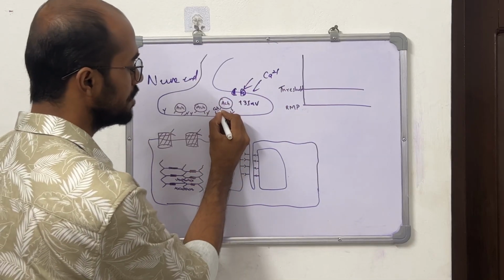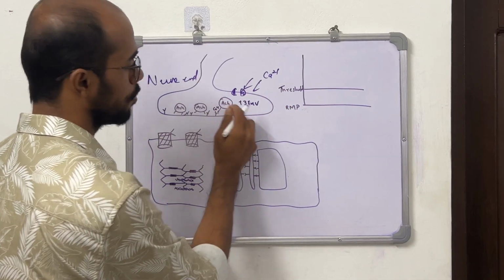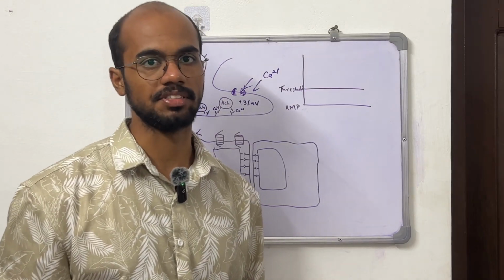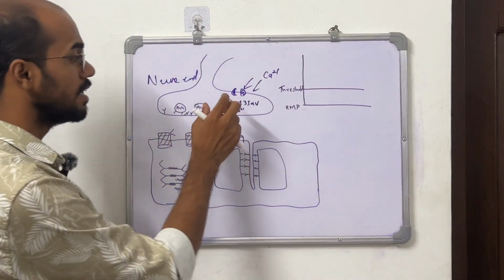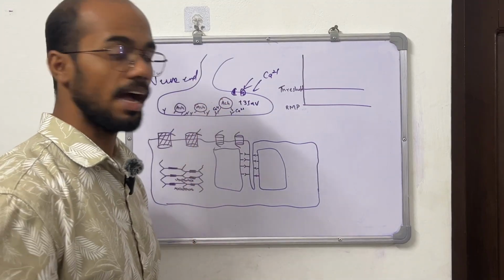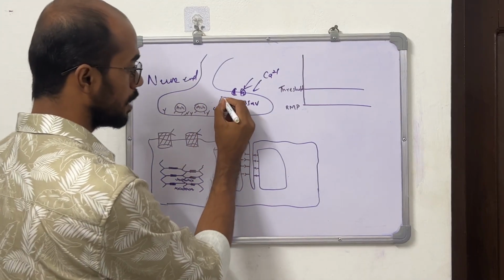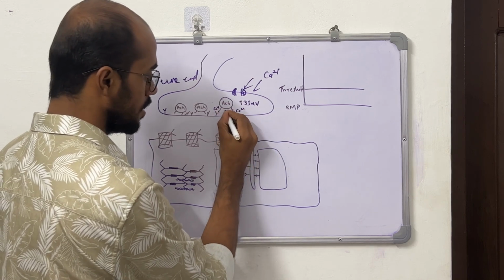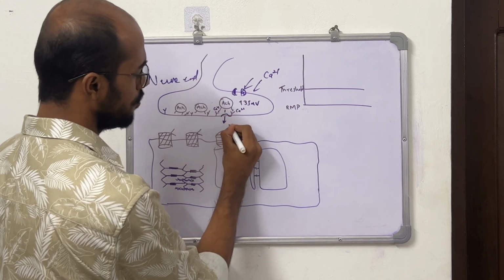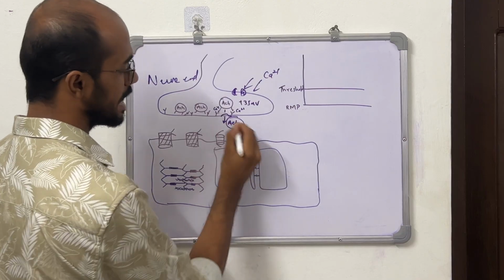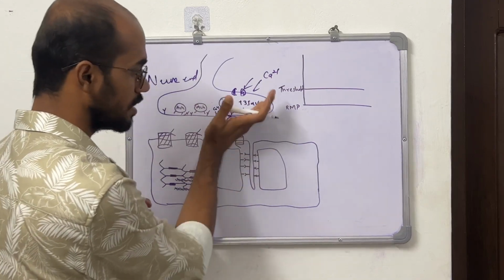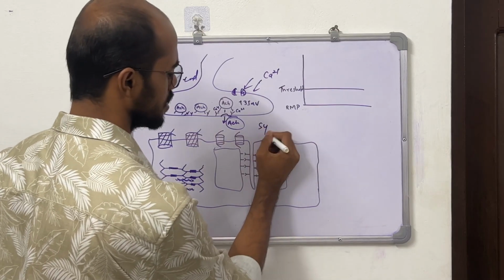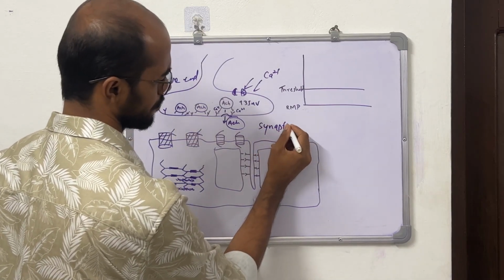So calcium mediates the binding of these proteins, and what were these proteins called? The V snare proteins and the T snare proteins, right? And this binding allows the exocytosis, or the blending of the vesicle with the neuronal membrane, eventually leading to the release of acetylcholine into the gap between the muscle and the nerve. And what was this gap called? The synaptic cleft, right?